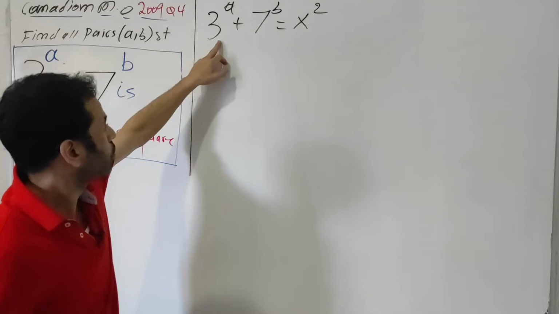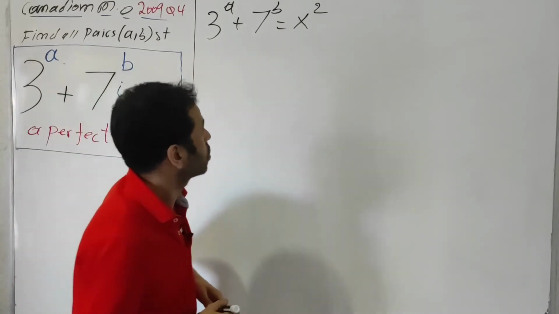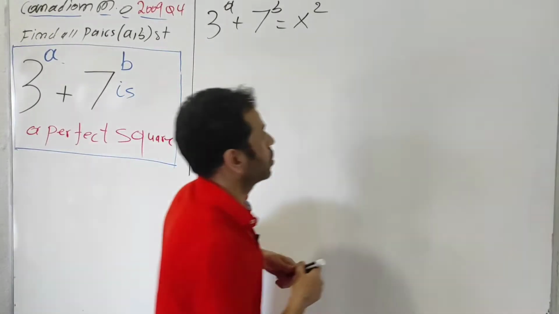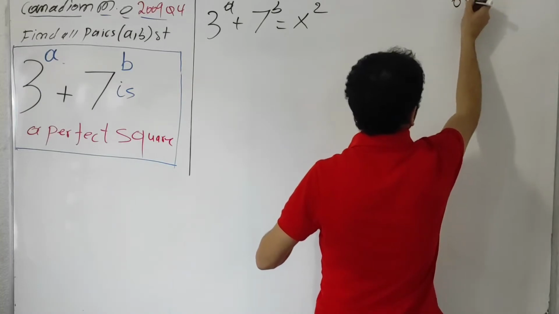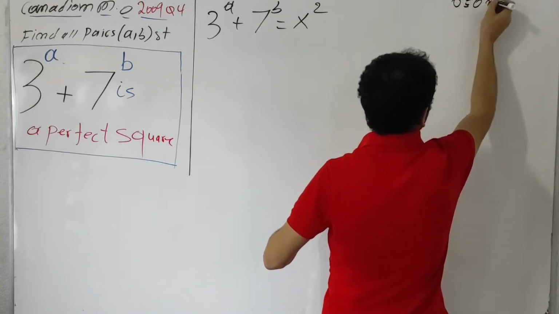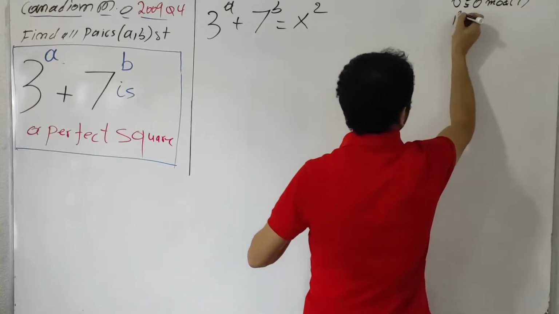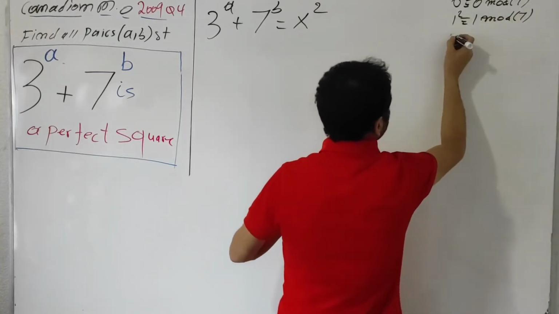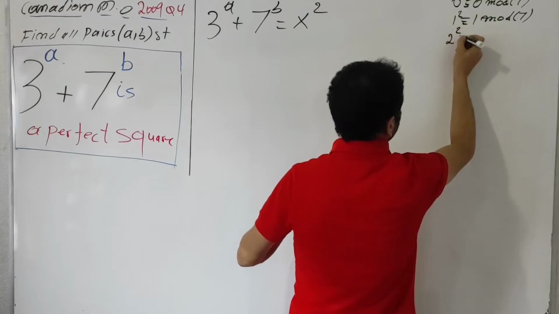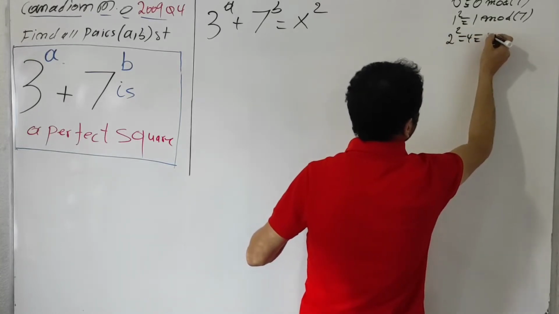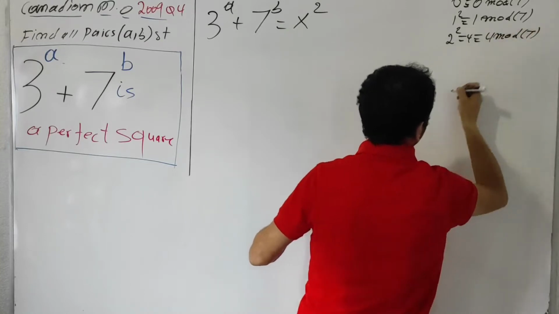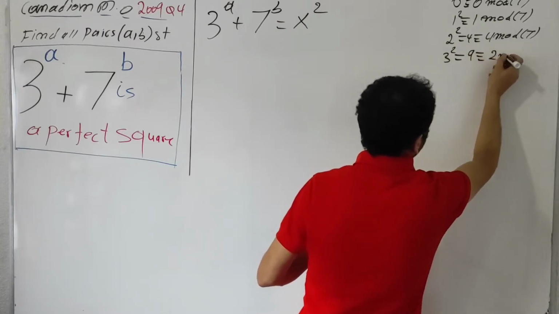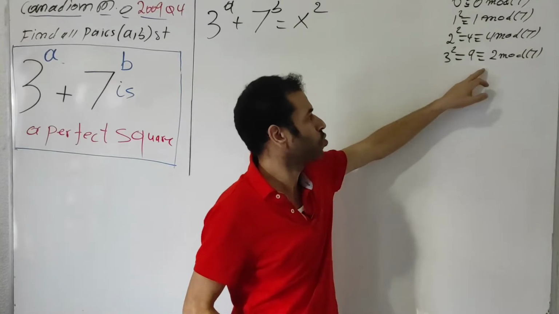Now I'm going to reduce this to mod 7, checking which perfect squares appear mod 7. 0 squared is congruent to 0 mod 7, 1 squared is congruent to 1, 2 squared equals 4 is congruent to 4, and 3 squared equals 9 is congruent to 2 mod 7, because 9 is 2 more than 7.